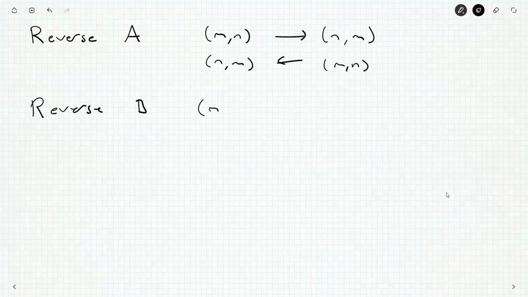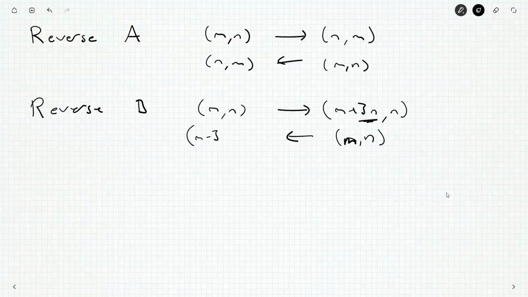Now B takes in mn, and at the end I get m plus 3n, n. Okay? So if I want to reverse that, whatever I take in, I need to subtract off 3 of the second number.